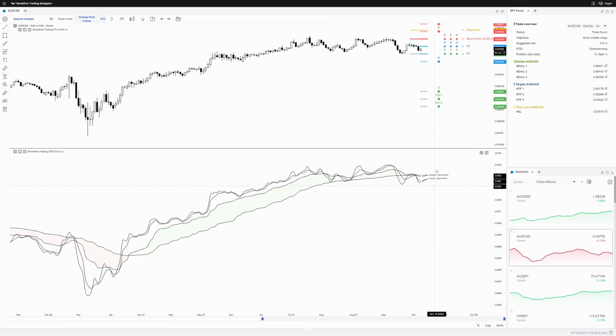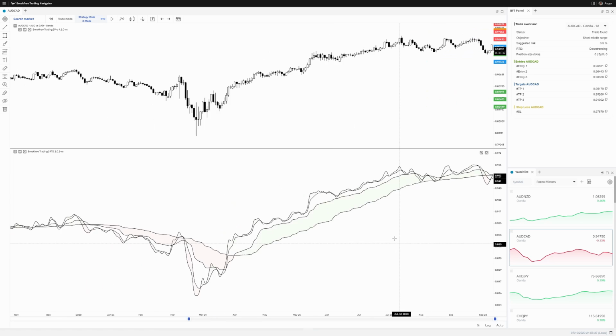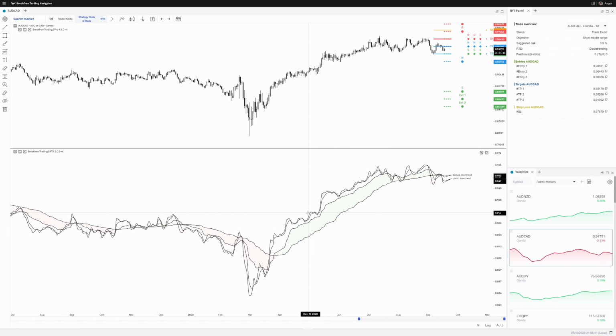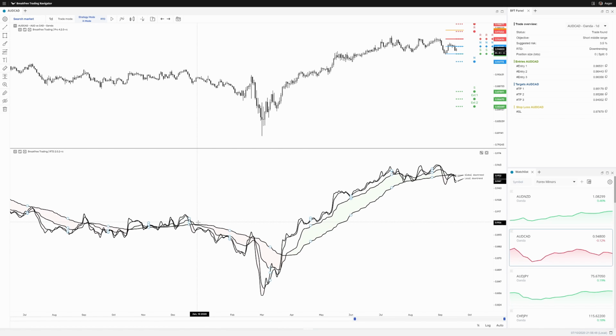What matters is how the local trend is trading. Is it trading above the global trend like here, or is it trading below, or is it dipping below like it's doing here? You can very easily get good at this just by looking at some charts. You'll start to see that the first thing that happens before a major change of trend is that it crosses below, every time, just because of how it works.